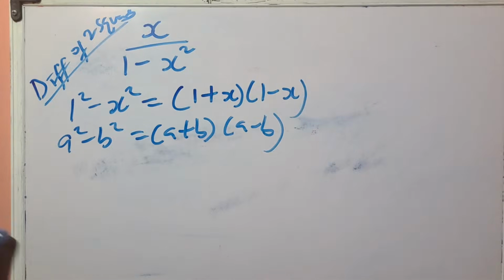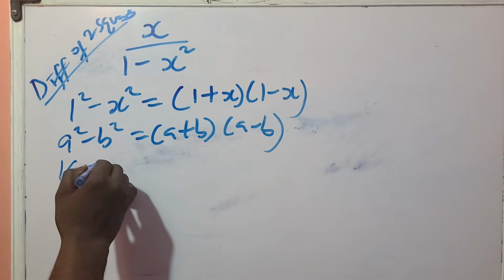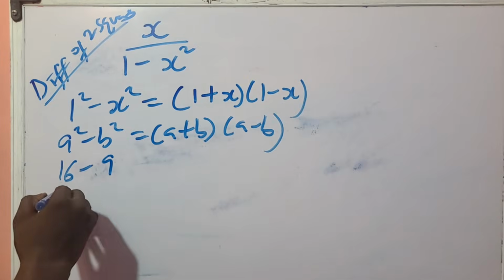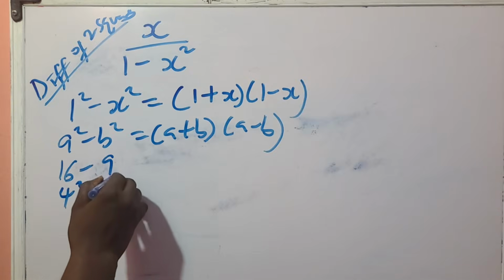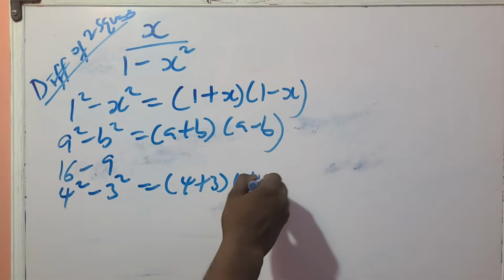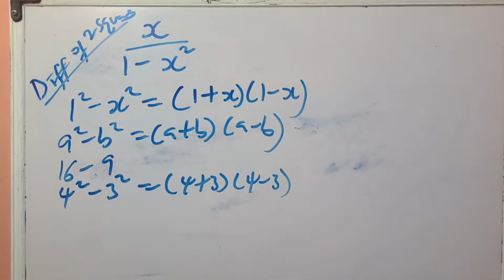If you had figures, let's say you had 16 minus 9. Of course, this is 4 square minus 3 square. This will obviously be 4 plus 3 and 4 minus 3. So this is just a particular topic under algebra.